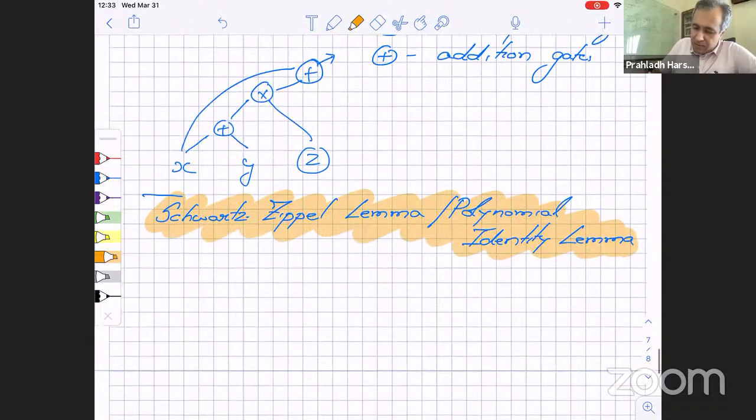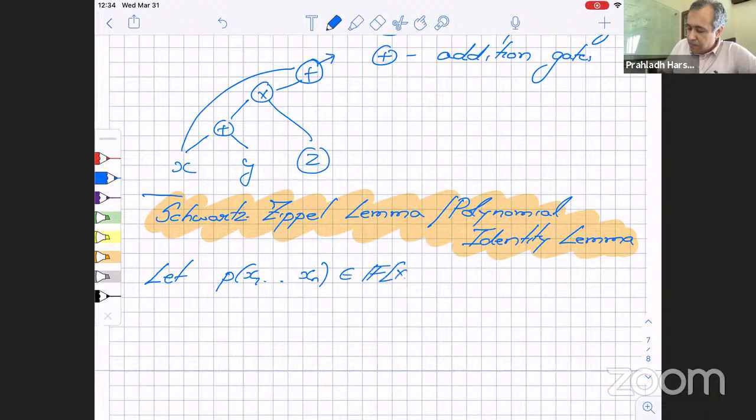It says the following: let P(x1, x2, ..., xn) be a non-zero polynomial of total degree at most D. What do I mean by total degree?